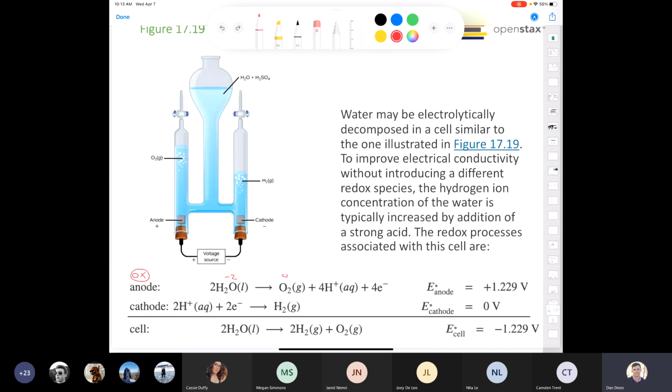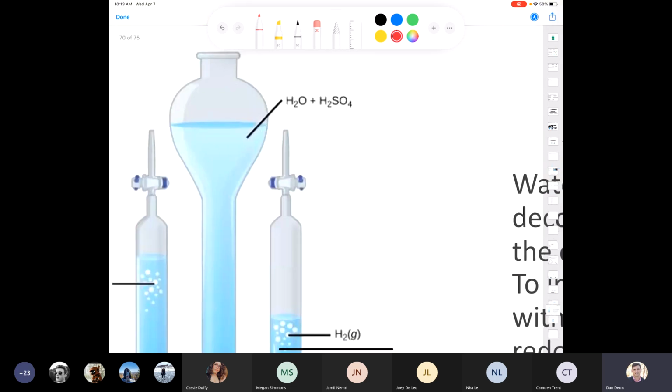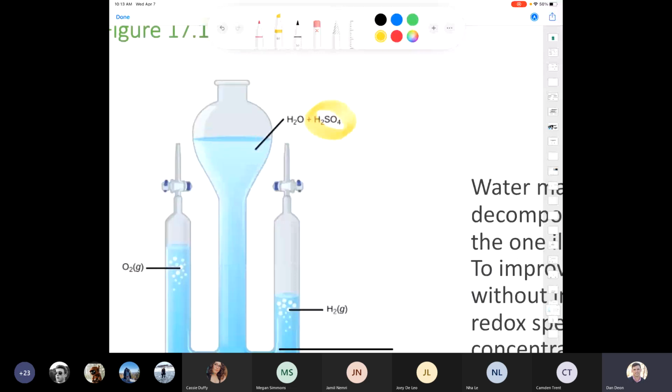But what happens at the cathode is the reduction reaction. And what you're actually reducing is not water, you're actually reducing hydrogen. And if you're wondering, why would you be reducing a hydrogen ion? Because in water, Mr. Dion, I thought you told me way back in the acids and bases chapter that because of Kw, the concentration of H+ in water is only 1 × 10⁻⁷ molar. Well, hold the phone, because what we actually have in here is not just water. We also have water plus a strong acid.